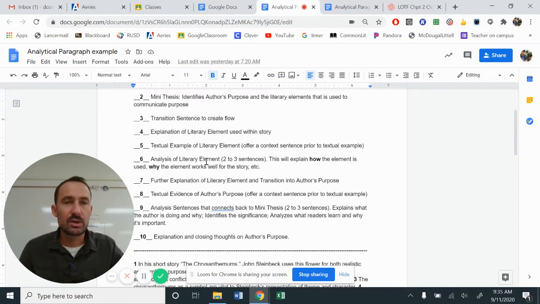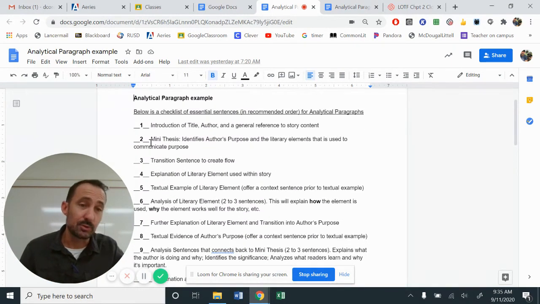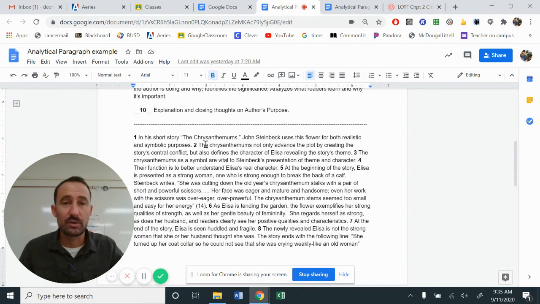Okay. Now, sentence number two is the mini thesis statement. So this identifies the author's purpose and the literary elements that are used to communicate. So coming down here, the chrysanthemums not only advance the plot by creating the story's central conflict, but also define the character of Eliza, revealing the story's theme.